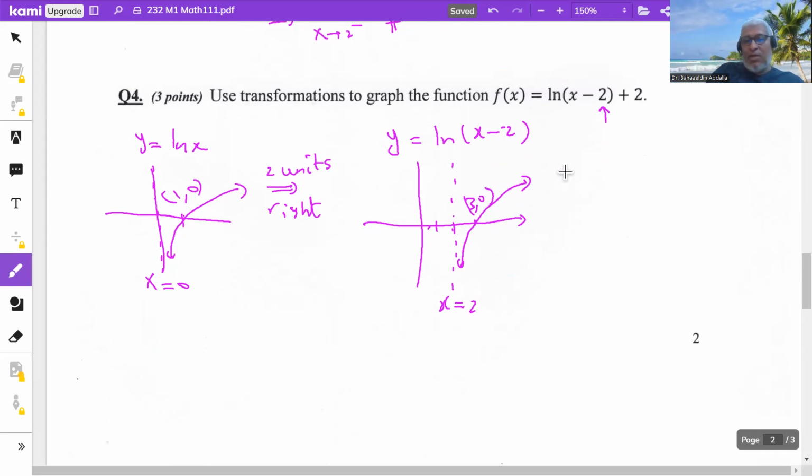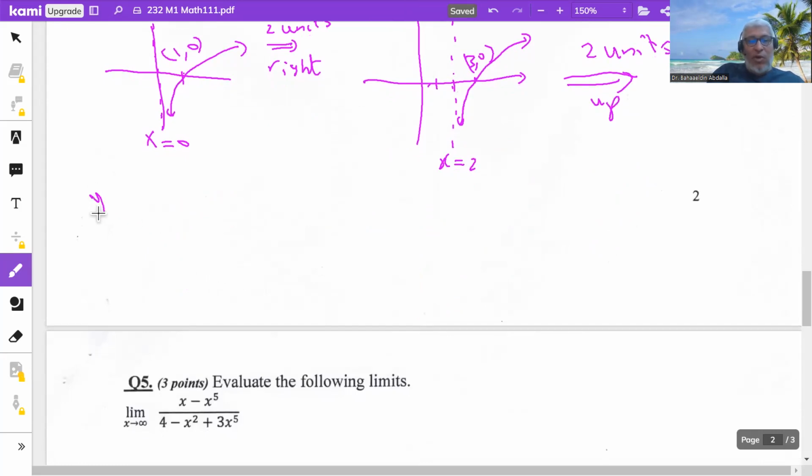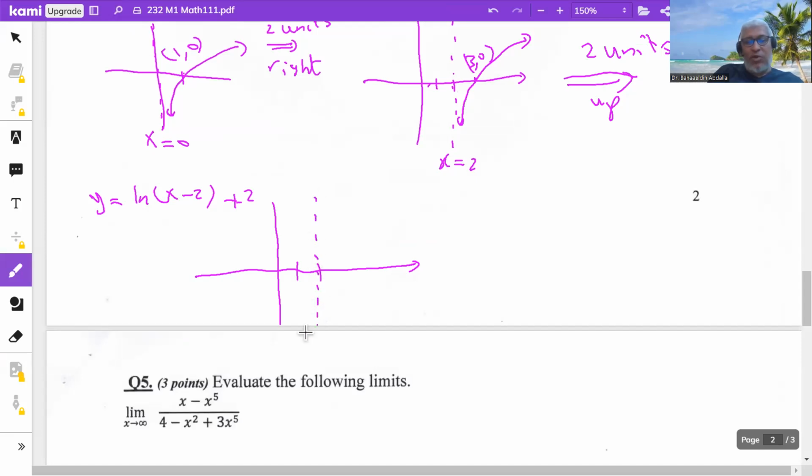And finally, plus 2 means taking the graph up 2 units, to sketch the graph of the function y equals ln of x minus 2, plus 2. The vertical asymptote is not going to change.